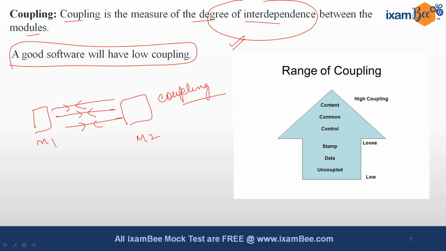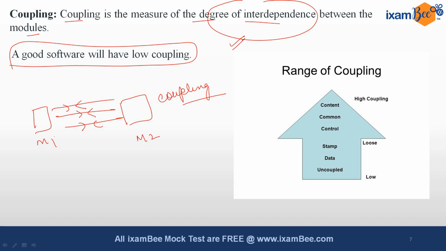Why do we need low coupling? Because if my software modules are very much interdependent on each other, and if one of the modules is not giving the correct output, or if one module fails, then it will affect a lot of modules. So the entire software will be hampered. If we have low coupling, the system will not be that much hampered.